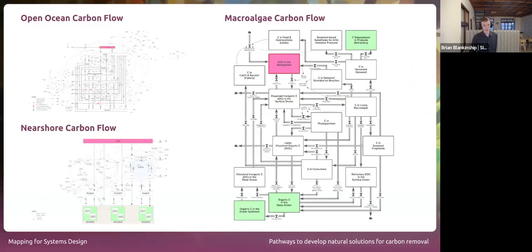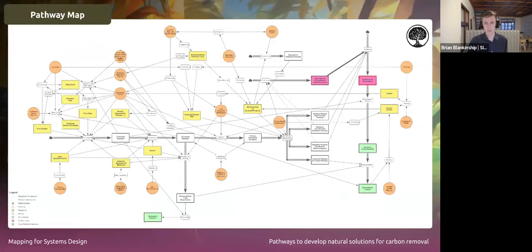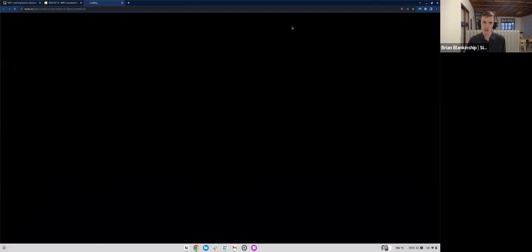What we decided, after looking at all of these different areas across open ocean, nearshore, and macroalgae or seaweed, was to focus in on two particular pathways. One was growing seaweed or macroalgae, which is this pathway map here, and the other was to work on some new types of fishing and trying to limit or sustainably manage that fishing.